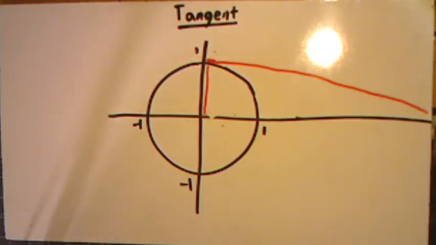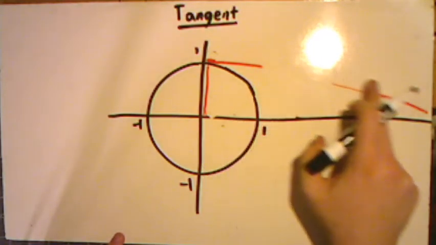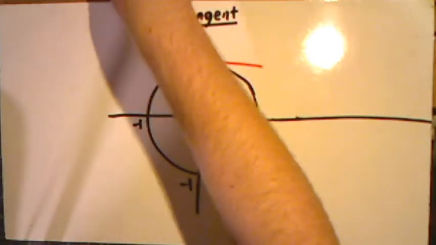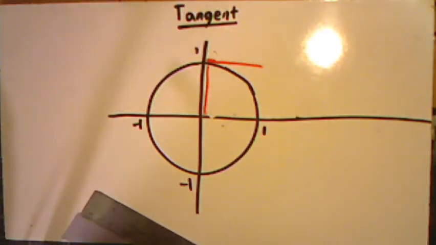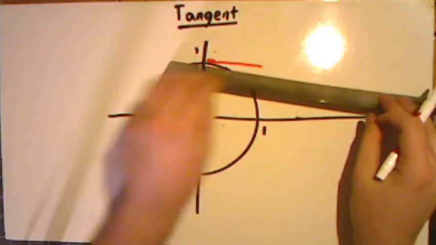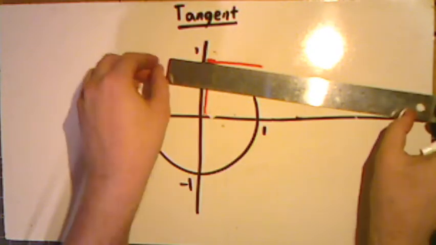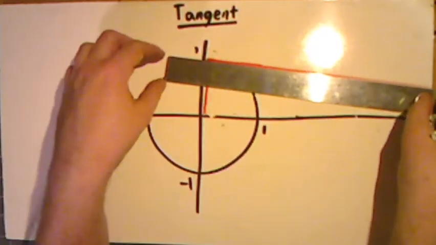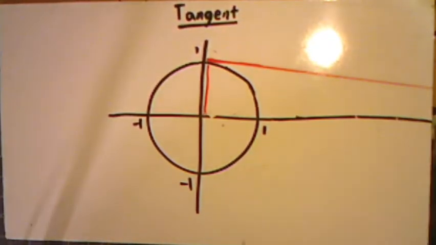Of course, this isn't exactly the straightest line, but if we created a directly straight line, we could see that it would go off of the board, and somewhere off of this board we will end up meeting it. You could see that it grows very, very large, very, very fast.